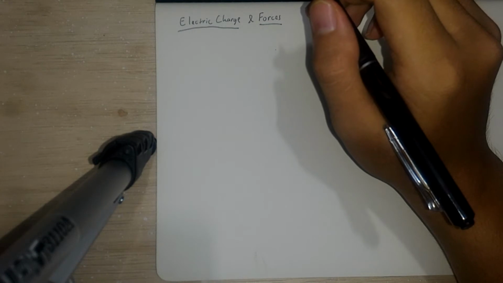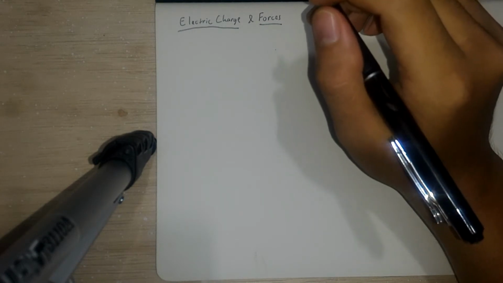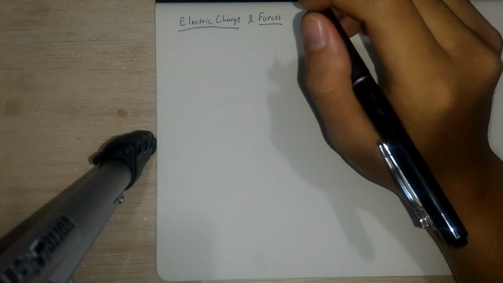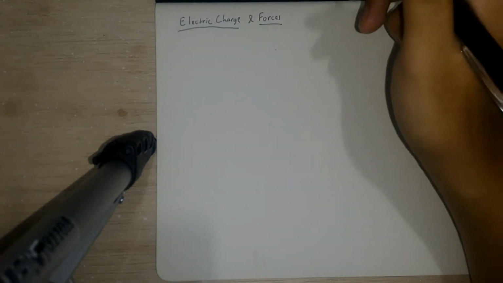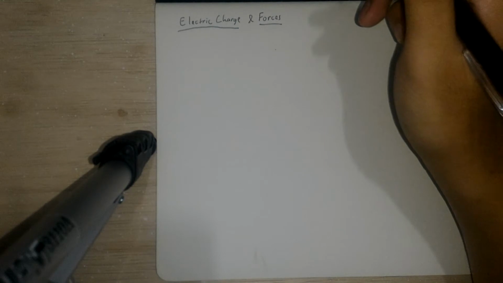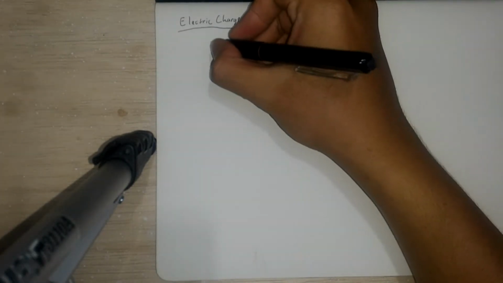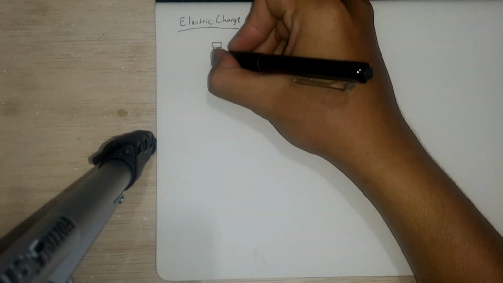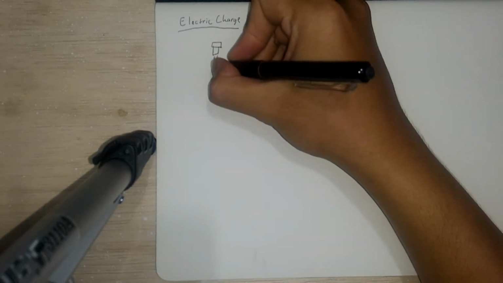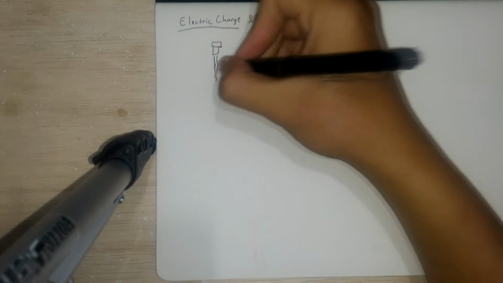If we bring the same charged ruler close to water flowing from the tap, it can attract and bend the water flow. Without the object, the water just goes straight down.